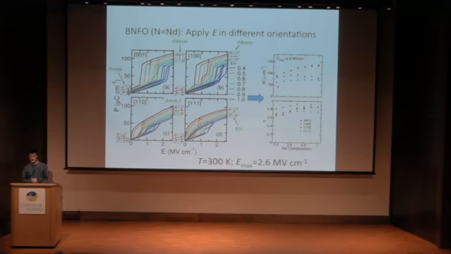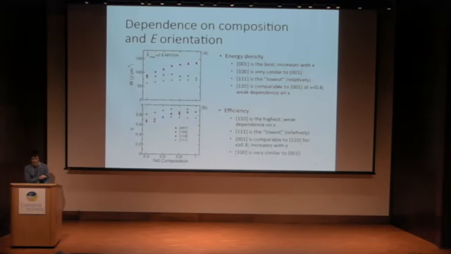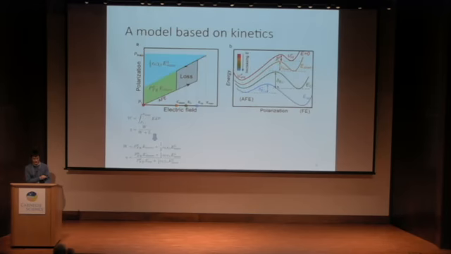But it's not straightforward to explain the compositional dependence, because as we increase the composition, the polarization decreases, but the E down field increases. So they have an opposite trend. To get more insight, we want to expand this first term in terms of some energetic quantities.